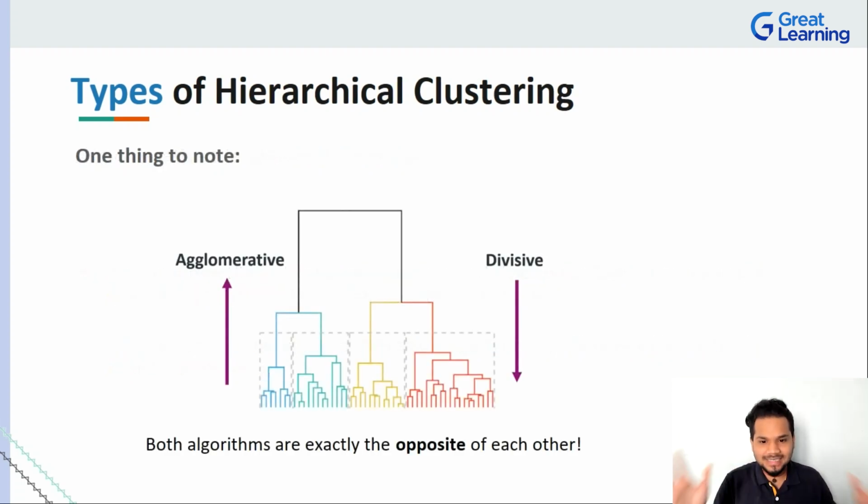So, as I just told you, one thing you have to understand is that agglomerative and divisive hierarchical clustering are very different approaches, because it almost does a 180, right? It almost does exactly the opposite. In one case, we're taking everything from one big chunk and creating multiple branches, and in the other case, we are creating multiple branches and eventually ensuring that all of that leads back to one big chunk.